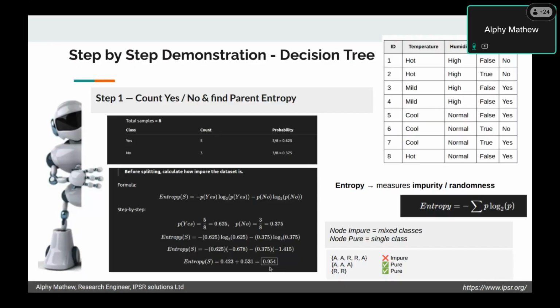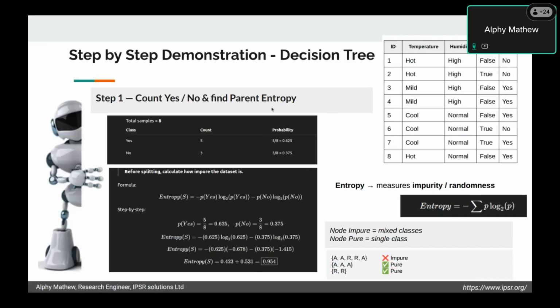and it needs to be split further. You may think that we already know this is mixed, so why are we finding this entropy? Because the computer does not see this. The computer does not have any eyes. We can see it and know the yes and no, but the computer needs to find the entropy to know whether it is mixed or not.